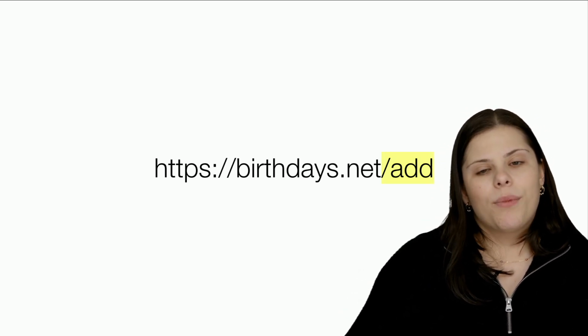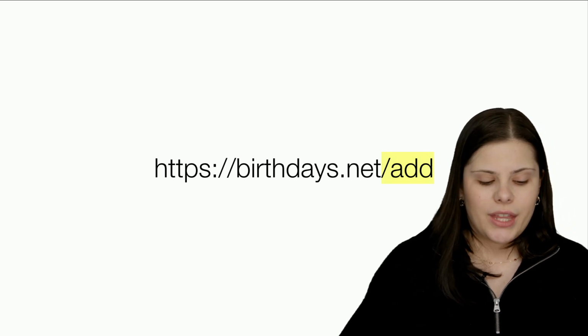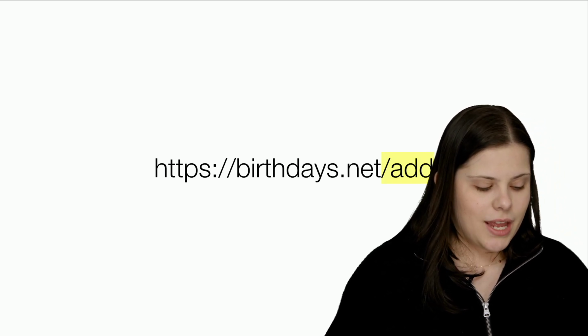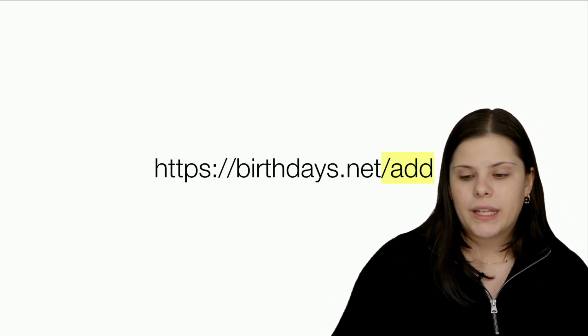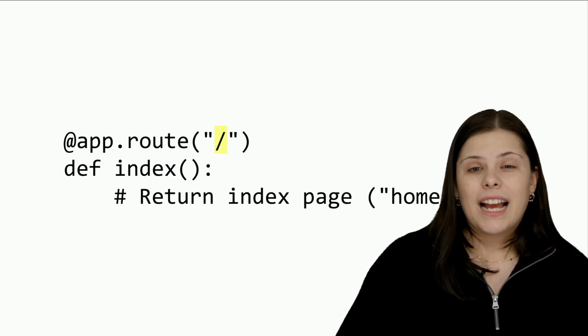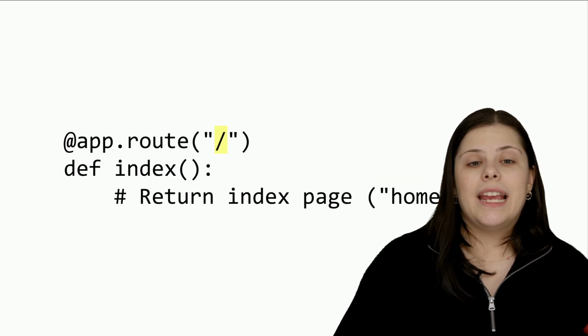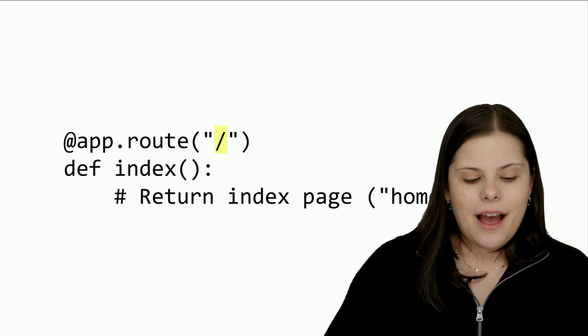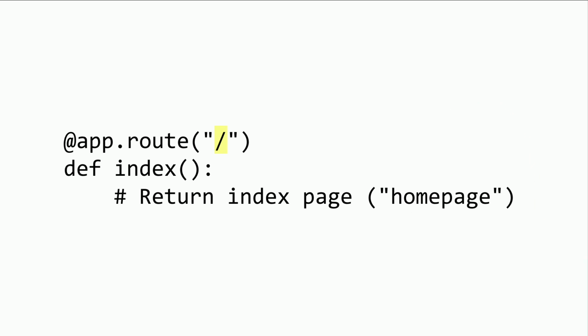In the add route, perhaps we would want to add a birthday, or maybe even add a friend to our friend group list. And the way that we can define what exactly happens when the user encounters that route is by having such syntax. So the first line would be defining that specific route. For example, slash or slash add, wherever you want your user to be redirected. And then after that is where you're defining the function itself, right?